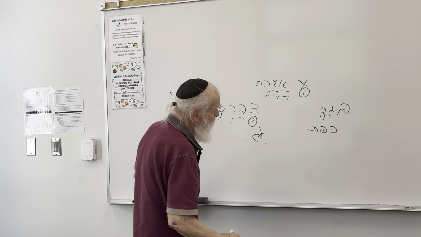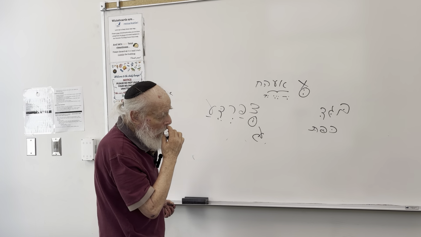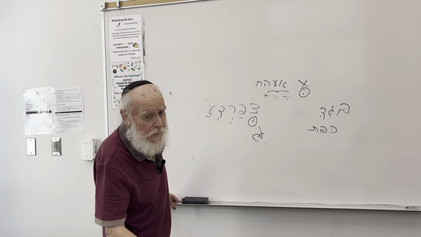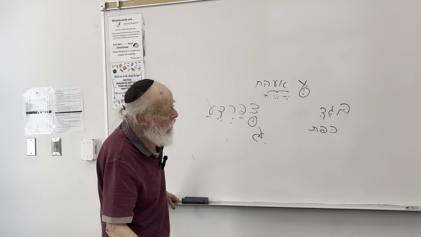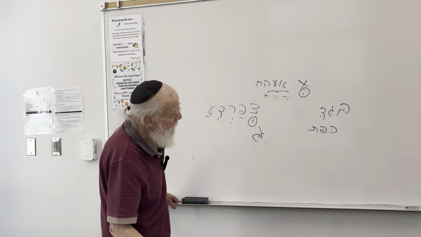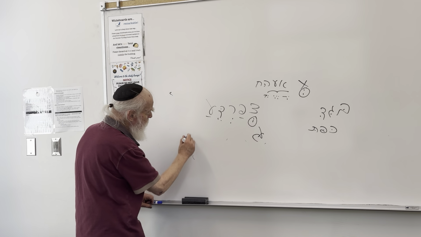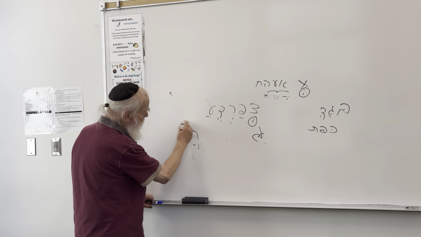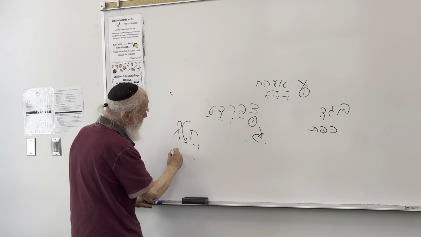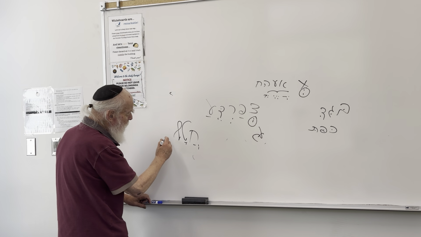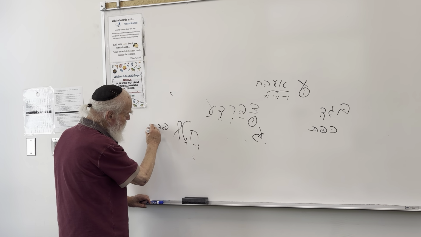And those are also like half sounds? They're called half vowels if you want. They're called shvana, chatafim. The Hebrew word is chataf. And then you add the sound of the patach, so chataf patach.